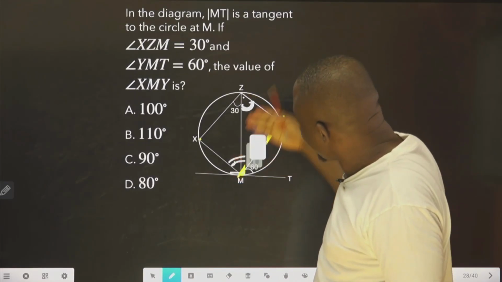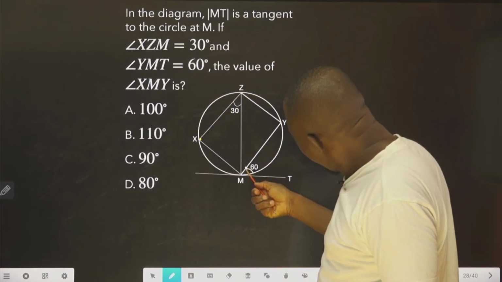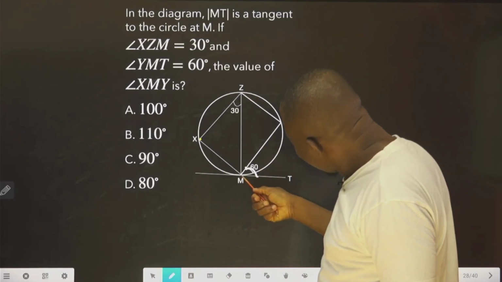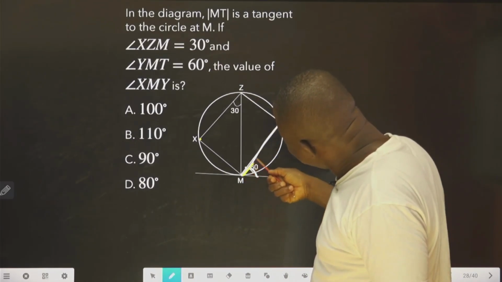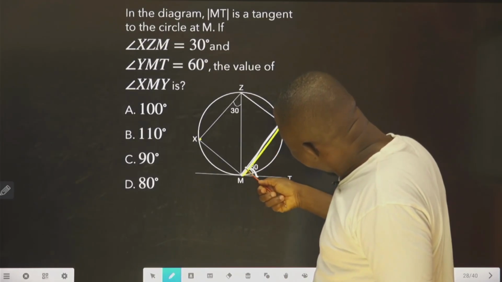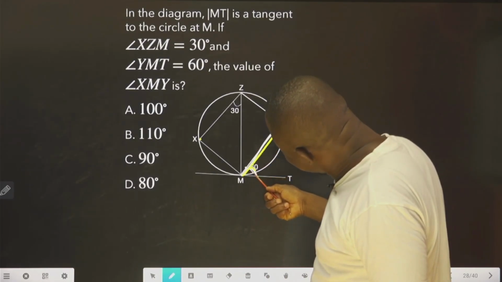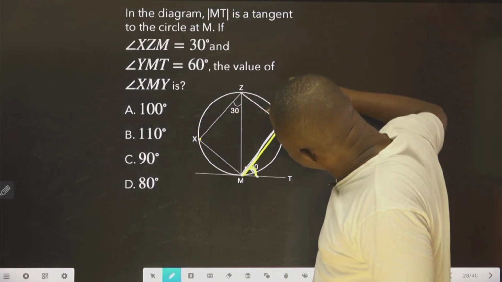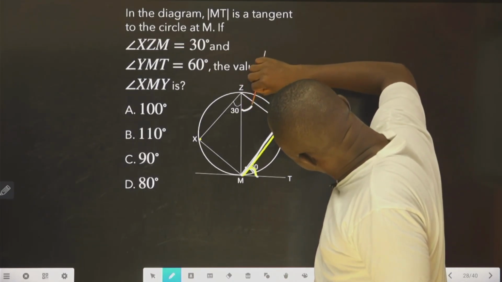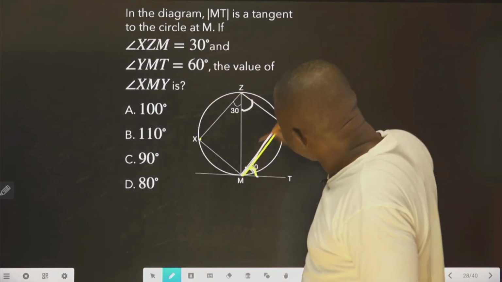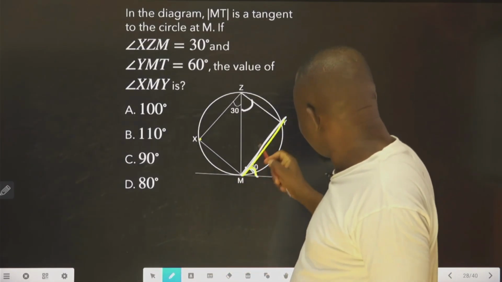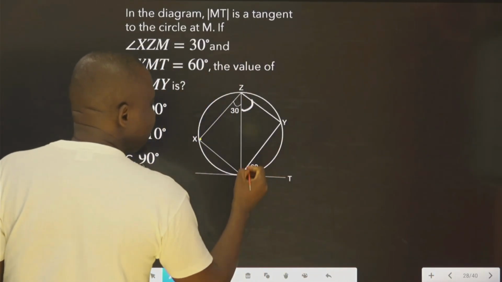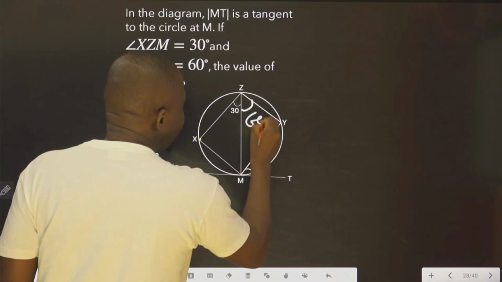They are equal. So this angle you are seeing here, because this angle is between this chord and this tangent, we say this alternate angle in this segment, they are equal. So we say here is 60.